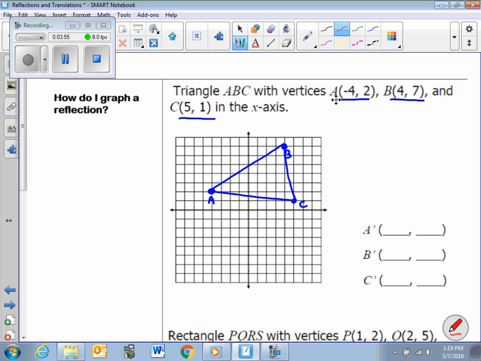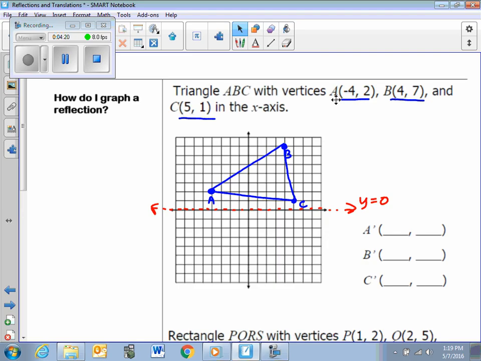So what I like to do here is sketch my x-axis in. What's the equation of this line? Y equals 0. Don't forget that. And this way, when I reflect my triangle, I can look at it and tell whether each vertex of my image is the same distance from that line of reflection.